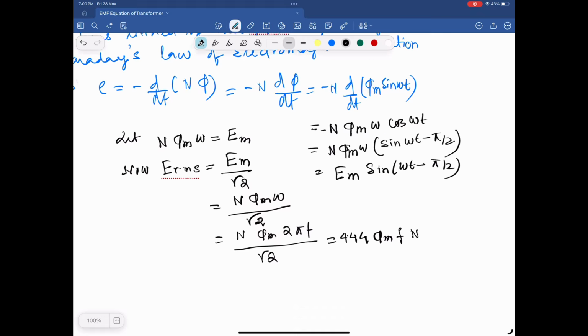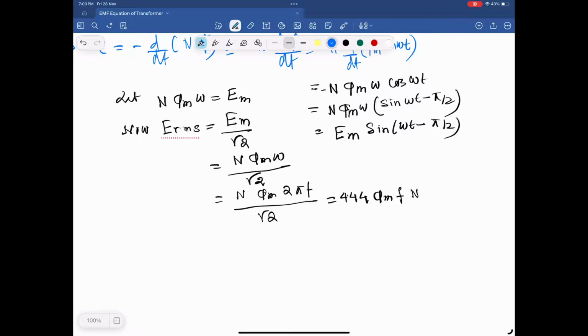This is equal to 4.44 phi m f N. So this is the EMF equation of a transformer. Remember, this is very, very important for the exam also.